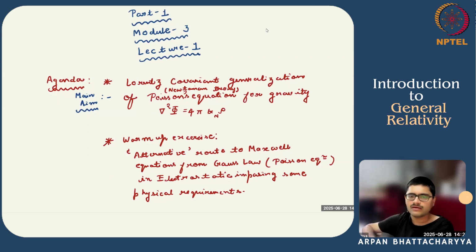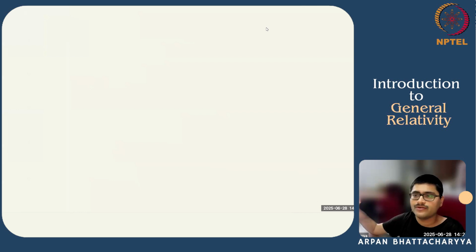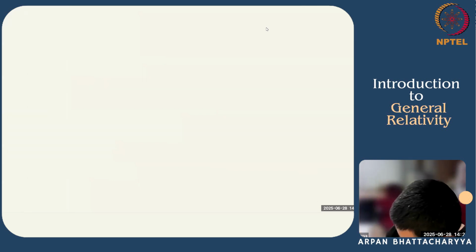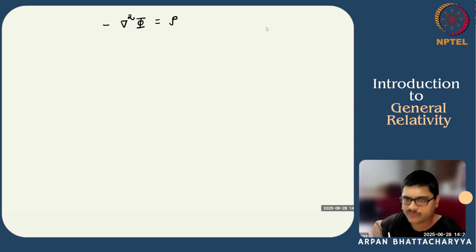So let's begin with the case of electrostatics. Let's pretend that we only know the equation of electrostatics, which is nothing but minus the Laplacian of the electric scalar potential is equal to the charge density.